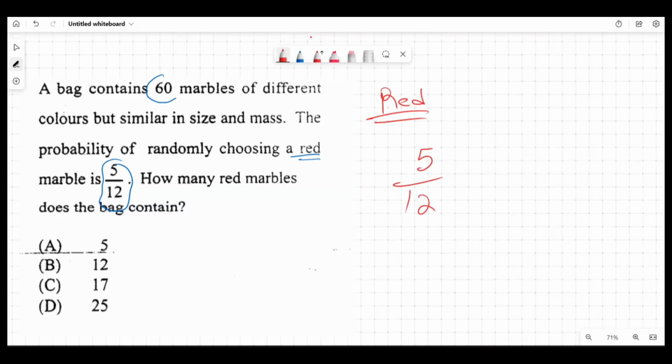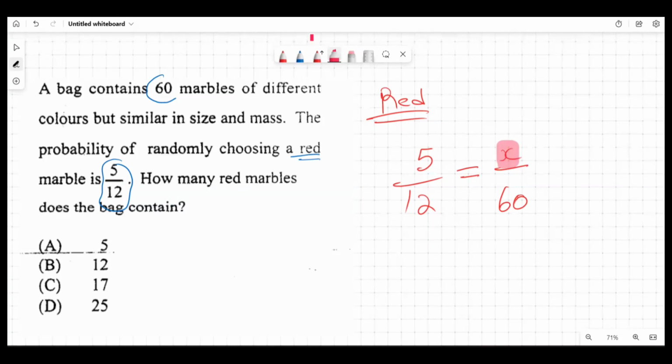So you want to do this. How many red are there out of 60? That's what they're saying right now. Are you able to figure out what that is? Because the 5/12 you're looking at was broken down to 5/12. So can you tell me how many red marbles are really in the bag?